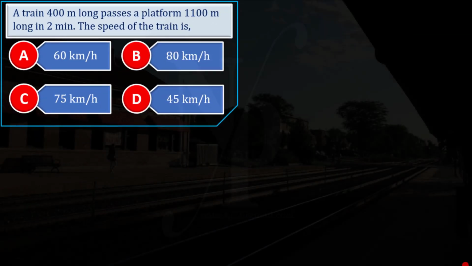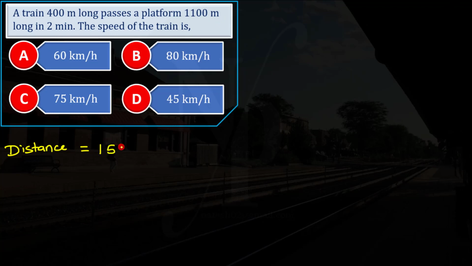Here, the total distance travelled by the train in 2 minutes is equal to the length of the platform and the length of the train itself. Therefore, the total distance travelled by the train will be equal to 400 meters plus 1100 meters, which will be 1500 meters.